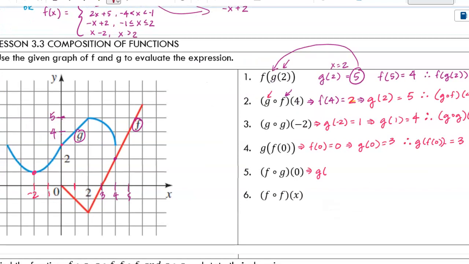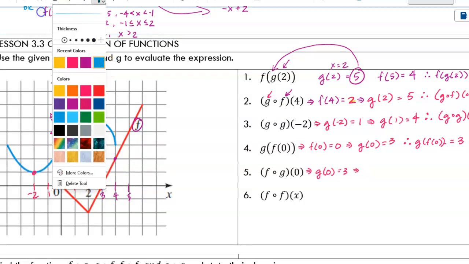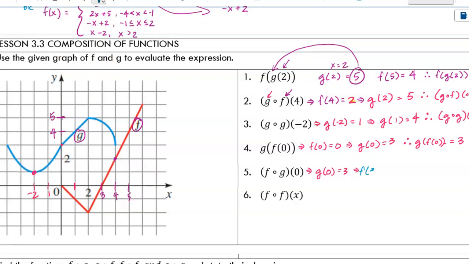First, my input function is going to be g. So I'm going to put 0 in. Put a 0 into the input function. That's going to give me 1, 2, 3. I'm going to take that output and make it an input into my f function, which is going to give me a 0.